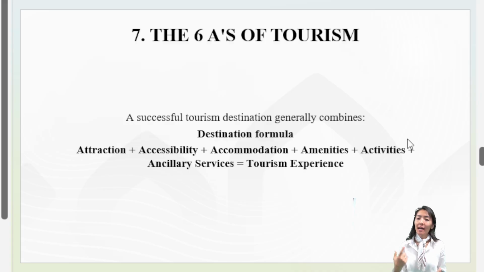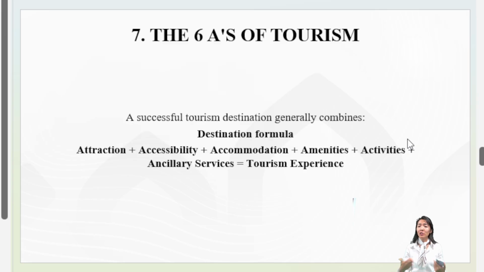For example, attractions, like one of the cultural attractions. Accessibility means getting inside by transport, or by different means to get somewhere. Accommodation is hotels, motels, or different types of places to stay the night.